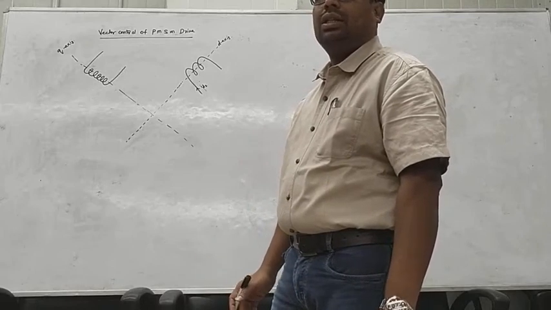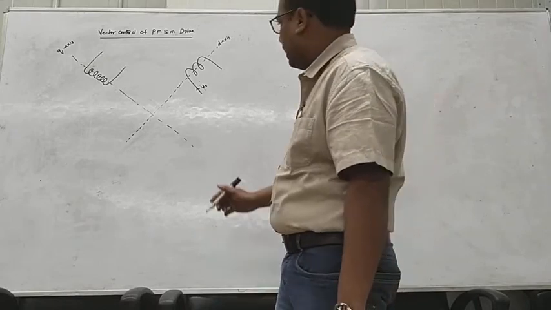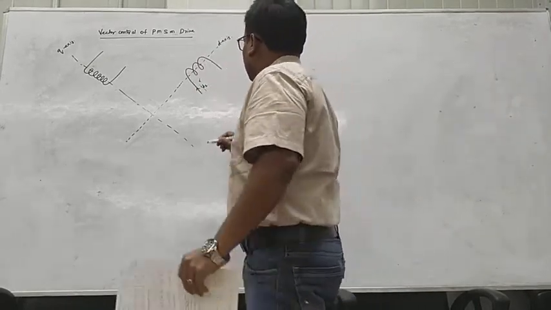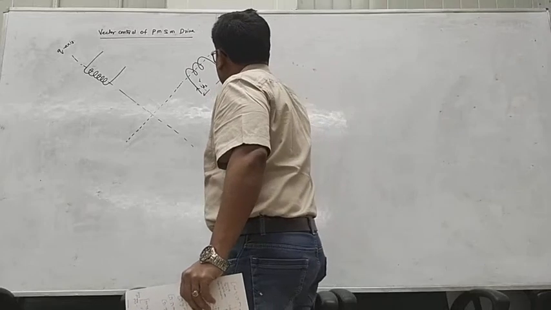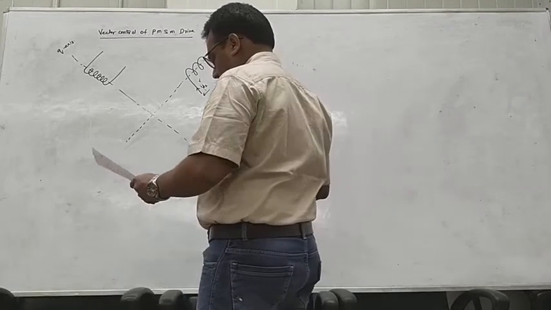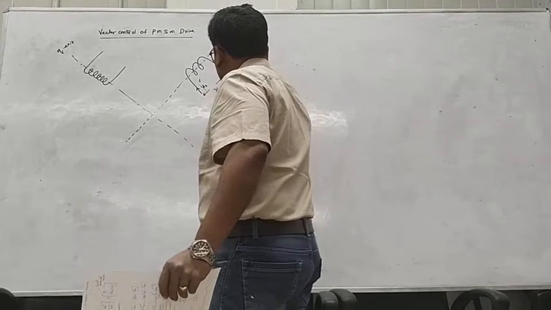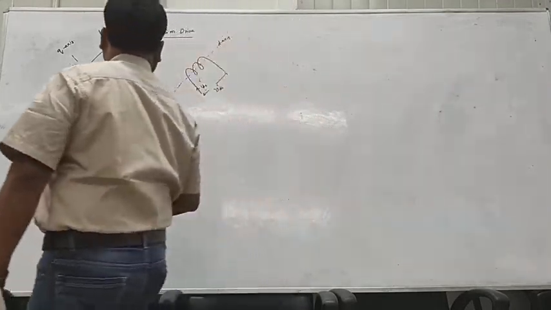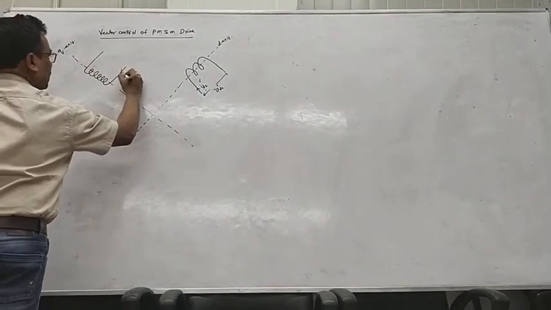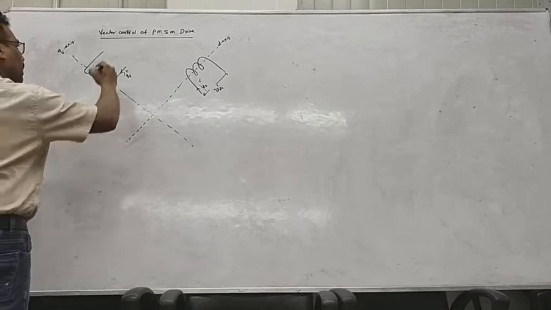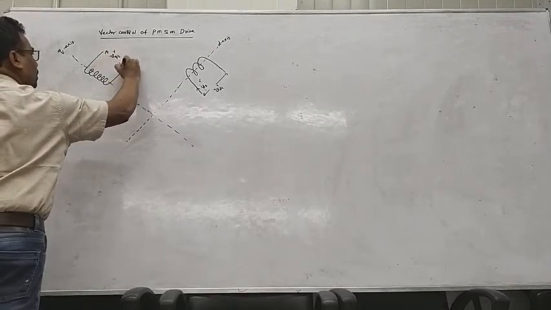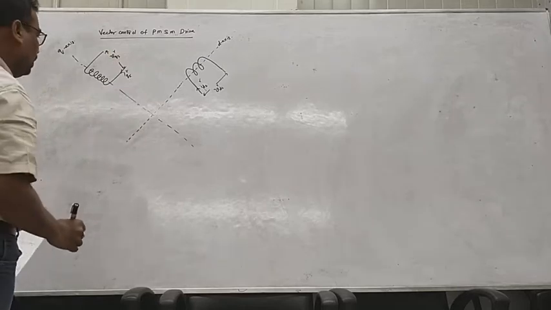So the vector is attached to the rotating reference frame, that's why it is represented here with R. This is IDS, and the applied voltage here is VDS to the power R. Similarly, the Q axis has IQS, and the voltage is VQS, also referring to the rotating reference frame.